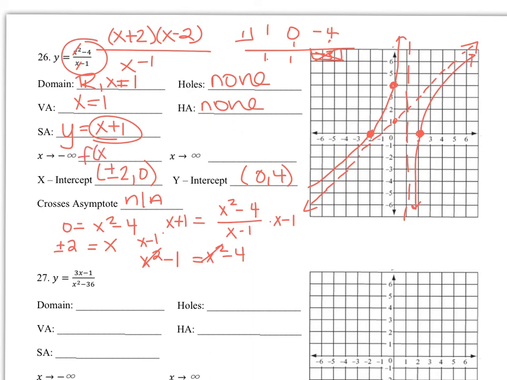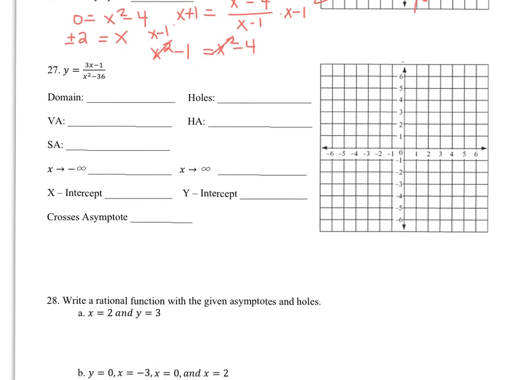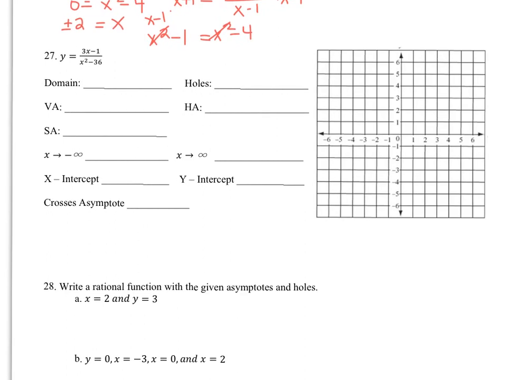As x is going to negative infinity, my y values are going to negative infinity. And as x is going to positive infinity, my y values are going to positive infinity. If I go ahead and do this one, factor the top, I can't.